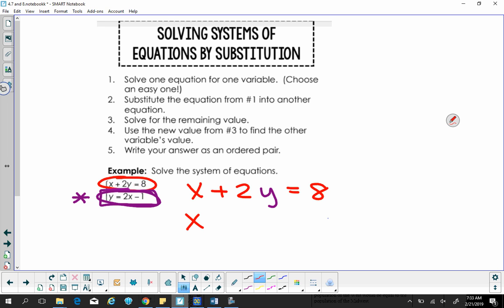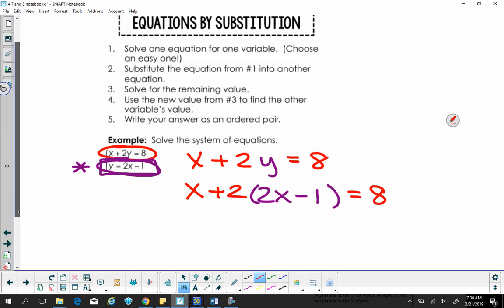So now I'm going to rewrite my equation, but y's tired and needs to get out of the game. I'm substituting him for 2x minus 1 because they're equal to each other. Then I finish the equation, equals 8. So all I did is, instead of y, since it's already equal to 2x minus 1, I substituted that in.